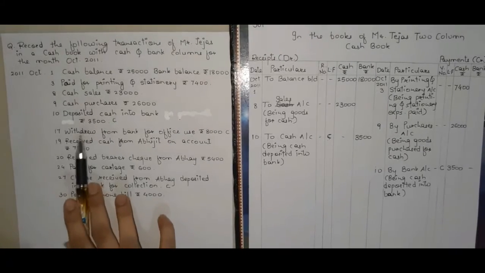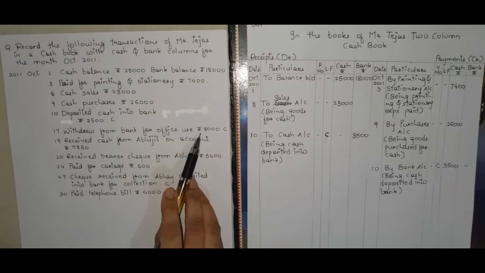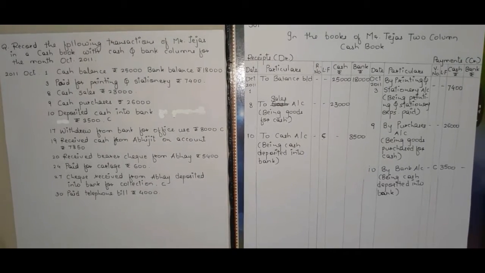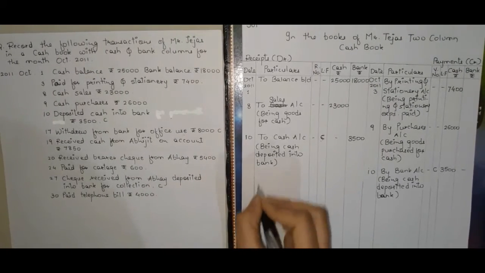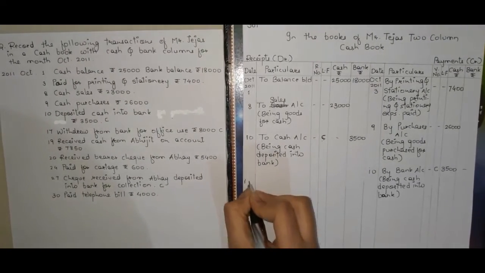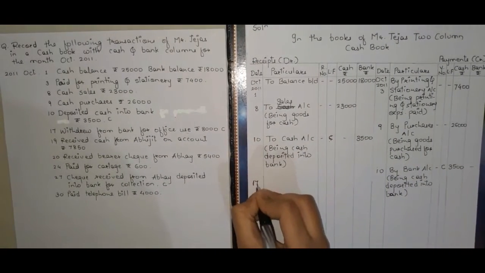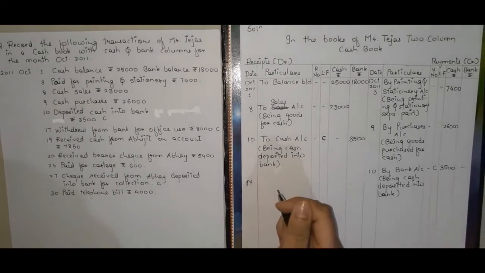On 17th, withdrew from bank for office use rupees 8,000. Now this is also a contra entry. Again we have to record this transaction on both the sides. We will do the same thing as we have done in the previous transaction. On 17th, withdrew from bank for office use.